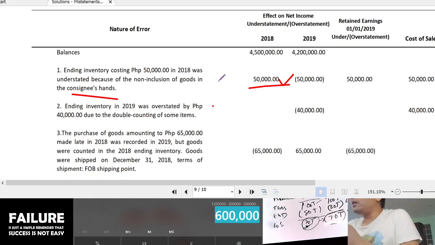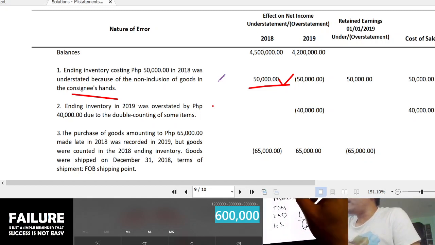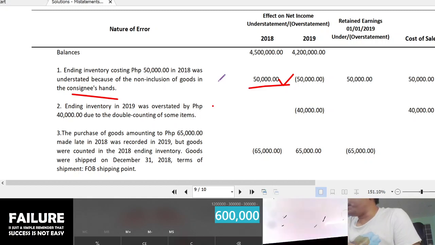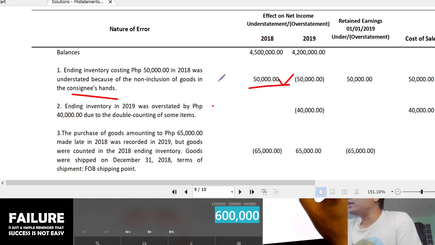So again, to continue our illustration, let's say 2019 na to. So beginning inventory na naman yung point of consideration natin. Yung correct natin kanina is that it was 80,000. Pero yung error natin is that yung beginning inventory is now 30,000. So let's say, yung purchases natin is nasa 100,000 pa rin.